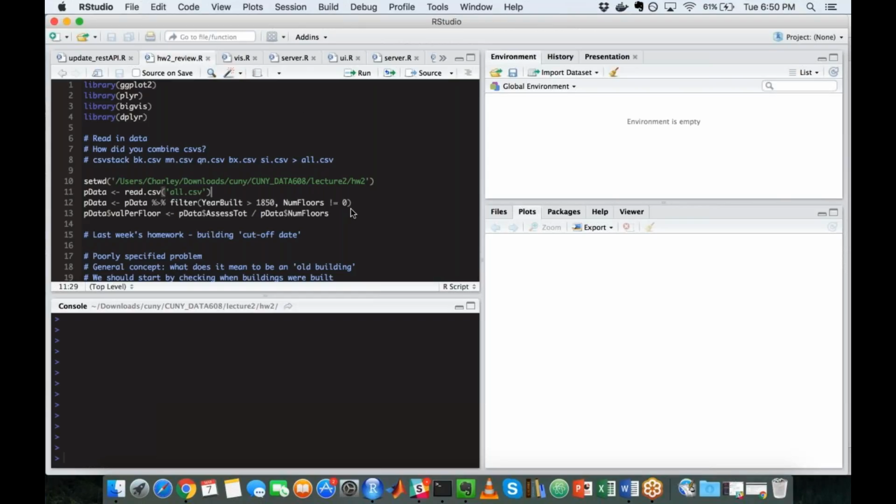Overall, people did great on this, and I think people were really getting how something like BigViz could really help with working with larger data sets like this. The main point of this assignment was, what sorts of strategies do we have for dealing with these larger data sets? And I thought a lot of people had some creative answers.